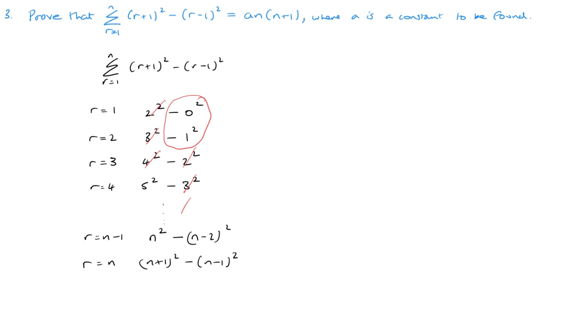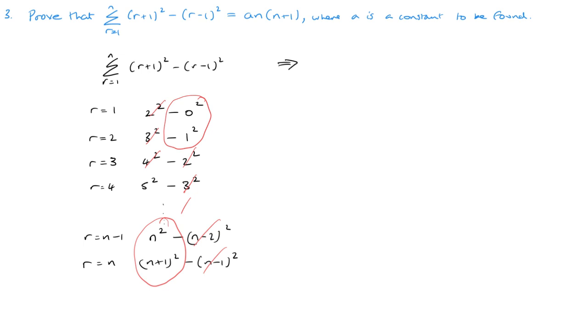Okay, so these will cancel with previous ones here. You can see the pattern on this side, n plus 1. The one before it would be an n minus 1, which will cancel with that. The one before that would be an n minus 2, which will cancel with that. So it's these two that we want.